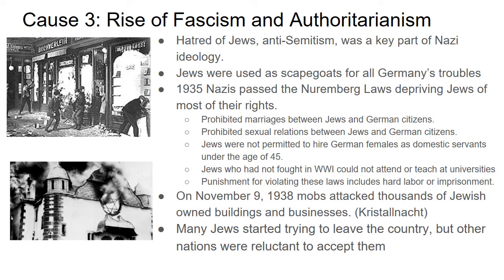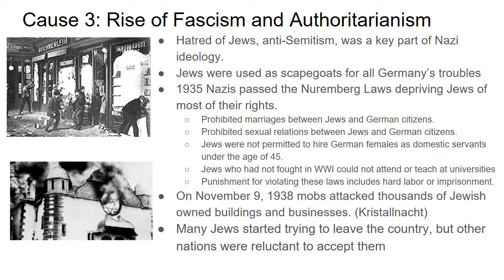And after he becomes chancellor, he begins to put anti-Semitic laws into place that would further marginalize Jews and also encourage the rest of Germany to look at them as outsiders. One really important set of laws is the Nuremberg laws that are passed in 1935.